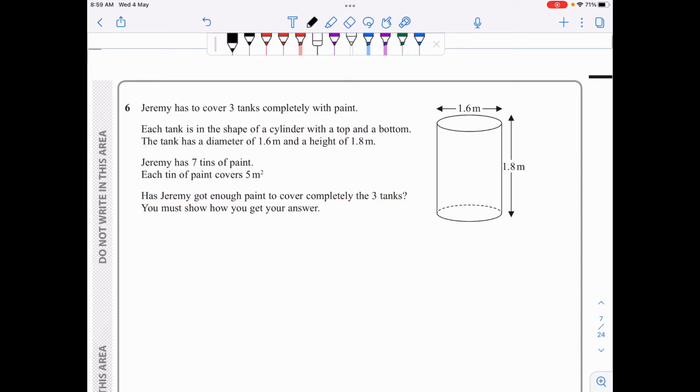I will start this question by saying that the radius of this cylinder is 0.8 meters, half of the diameter. And I'm going to calculate the total surface area of this cylinder, which is the curved surface area 2 pi r h plus the top and the bottom 2 pi r squared.